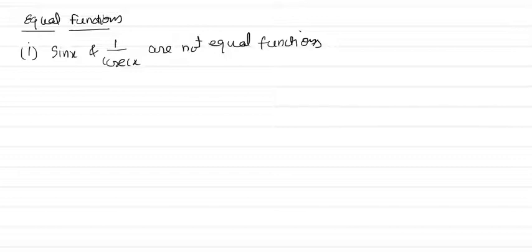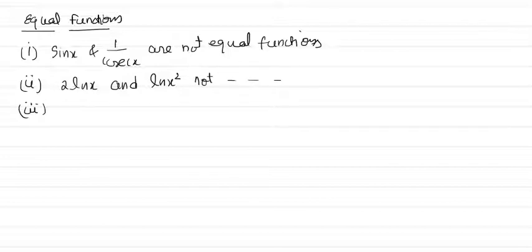But for your information, these are not equal functions. Second, 2 ln x and ln x square are also not equal functions. Third, cosec x and 1 by sin x are equal functions.